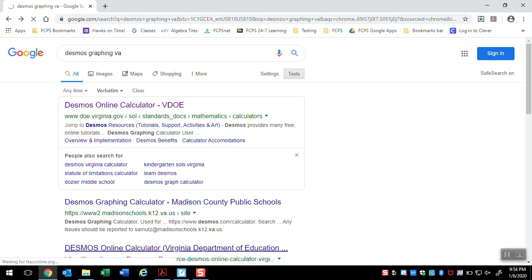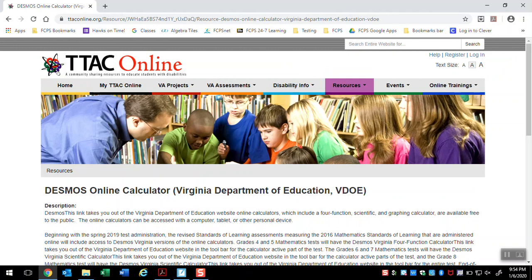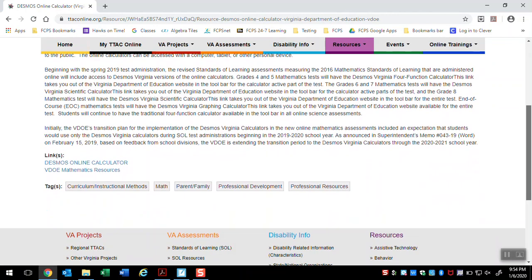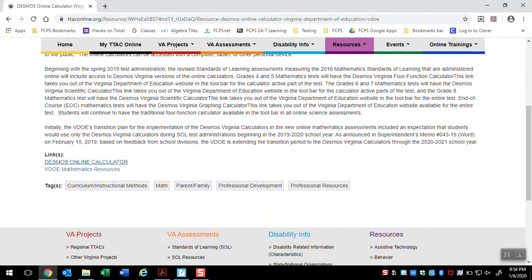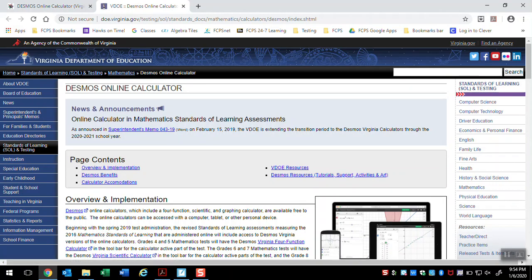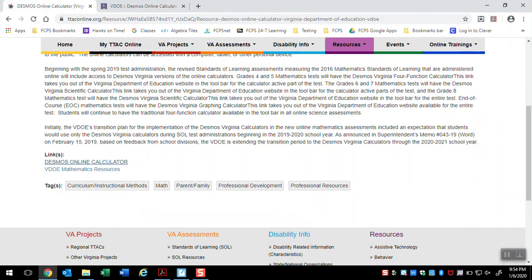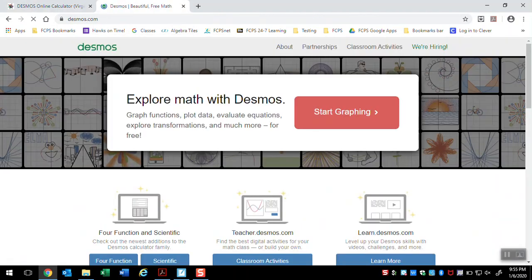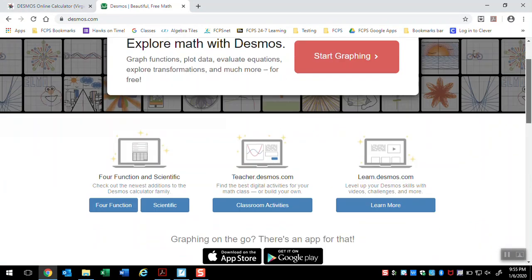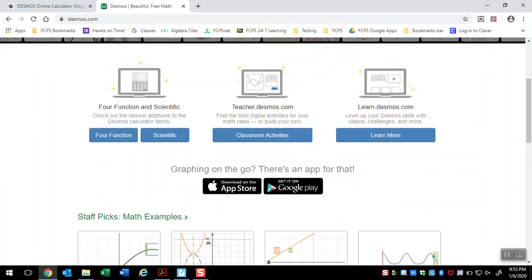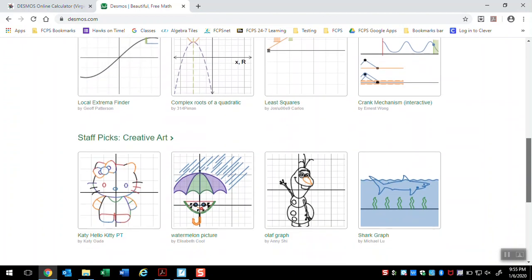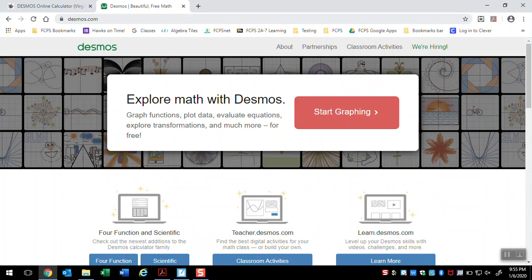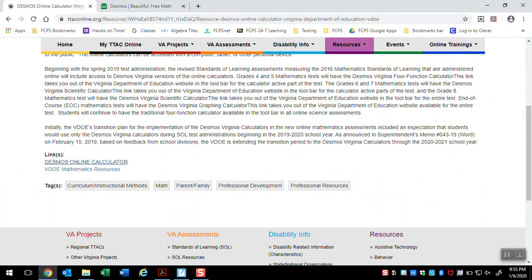Let's see. Sorry about this, guys. It's just not going to where I want it to go. All right. This will have to do. It's not the Virginia one, but it is. It's not taking me to the graphing one. Why?